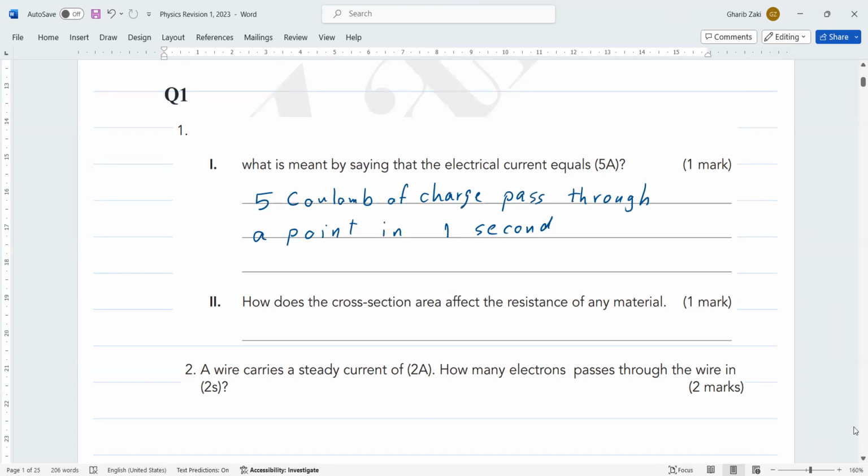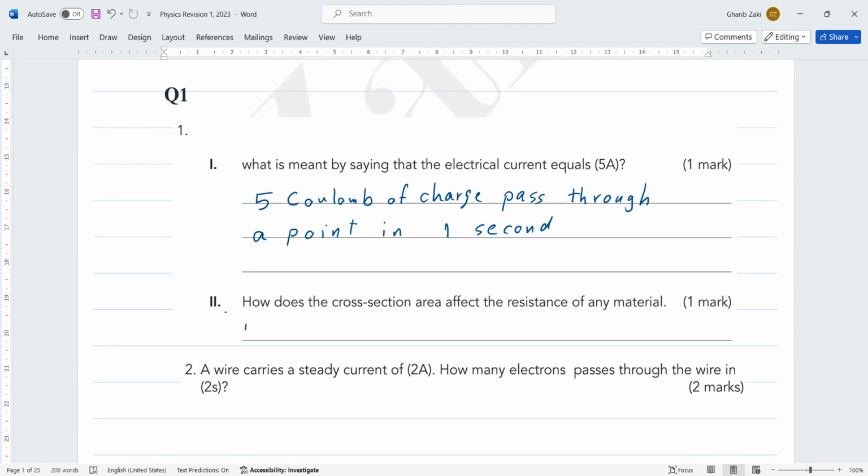How does the cross-section area affect the resistance of any material? We know that the resistance is inversely proportional to the cross-section area. So when the area increases, the resistance decreases.